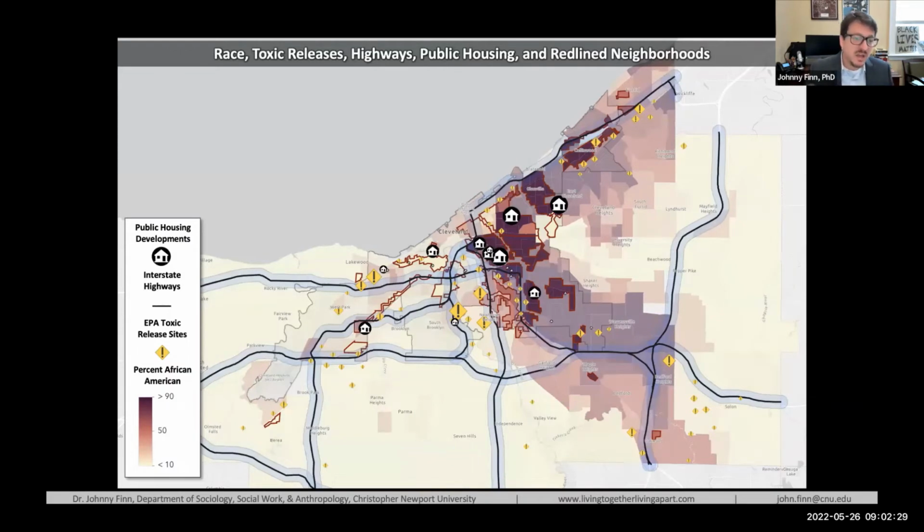If we took data from EJ Screen, we would see this process repeat itself as the cumulative impacts on predominantly non-white, high poverty, formerly redlined neighborhoods. Like the literature on environmental justice would tell us, the most marginalized communities bear the brunt of these environmental impacts.